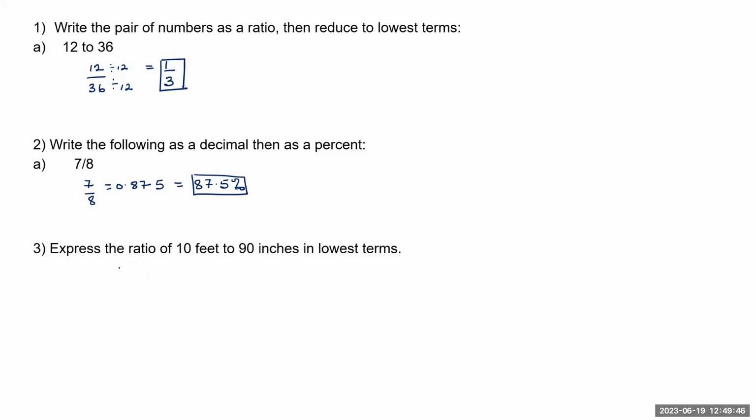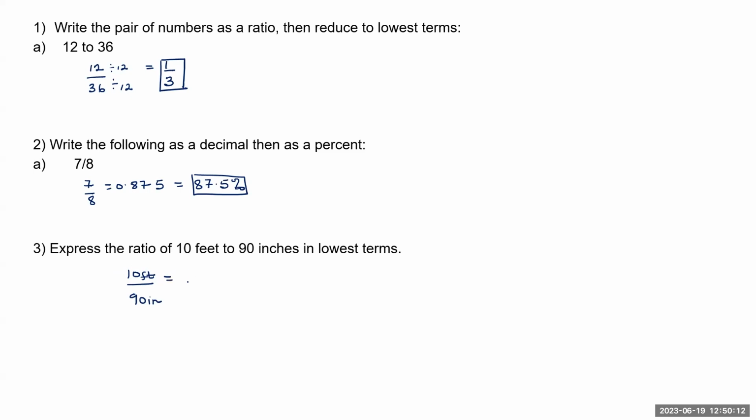To express the ratio of 10 feet to 90 inches, what we need to do is to write the values that we've been provided. To express the ratio of 10 feet to 90 inches in its lowest term, we need to make sure that the units are the same.